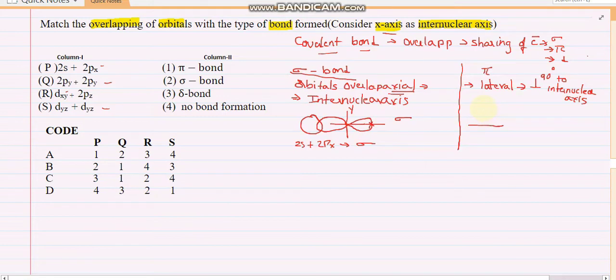So let's take the 2py combination. If I take 2py and 2py, this is the coordinates of one atom and this is the coordinates of another atom. If I consider this as the x-axis in both cases, here it will be the y-axis.